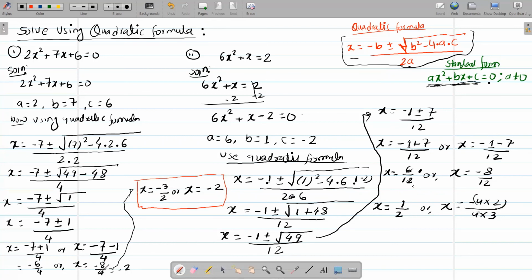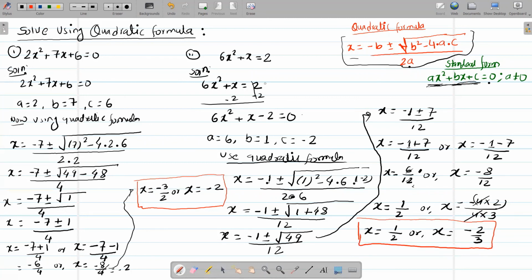So you see this 4 and 4 cancel out, therefore x is gonna be 1 over 2, or x is gonna be -2 over 3. So this is our final answer. We get x is equal to one half, or x is equal to -2 over 3.